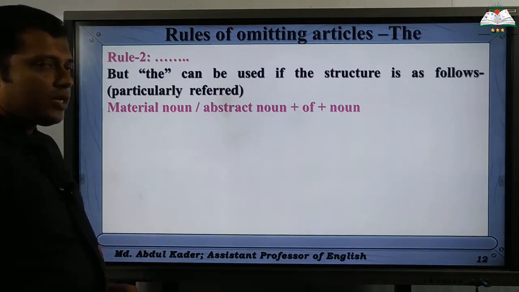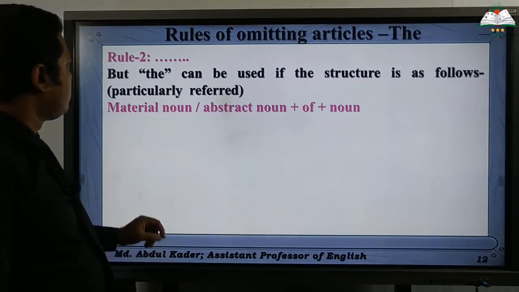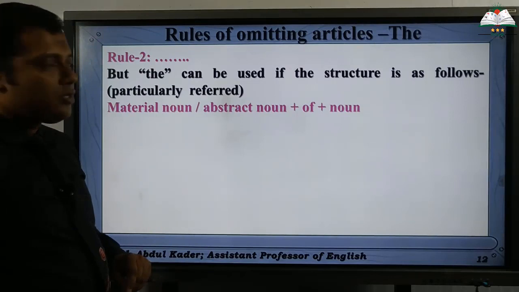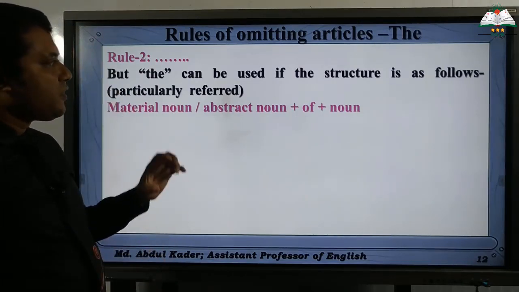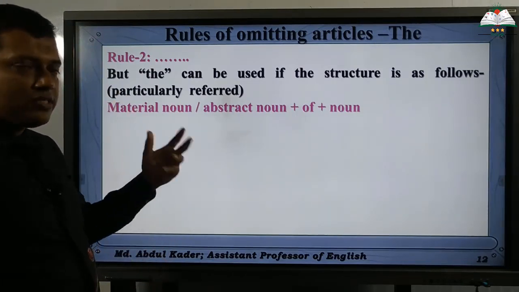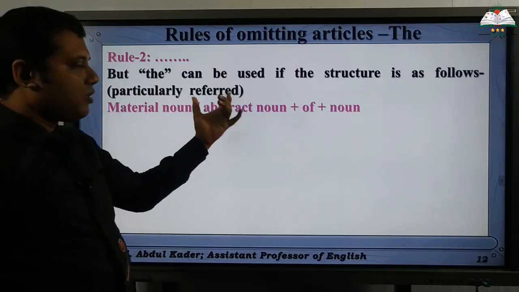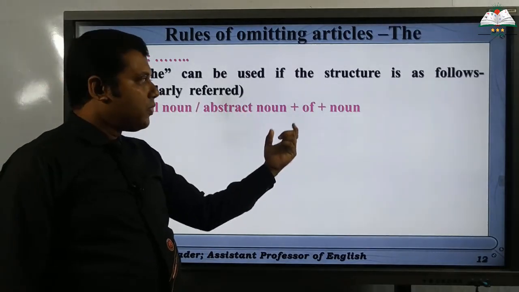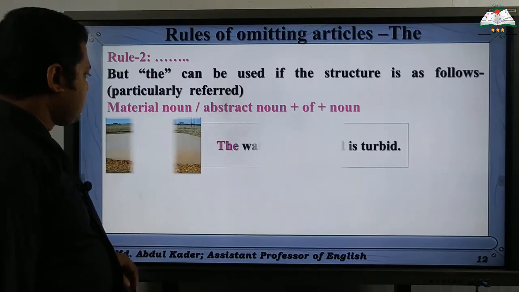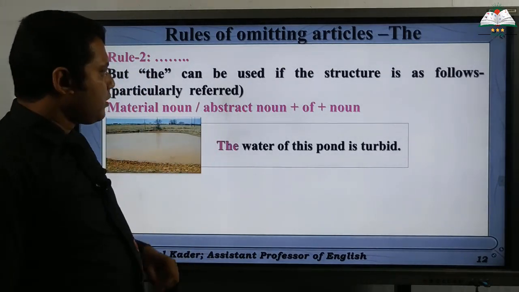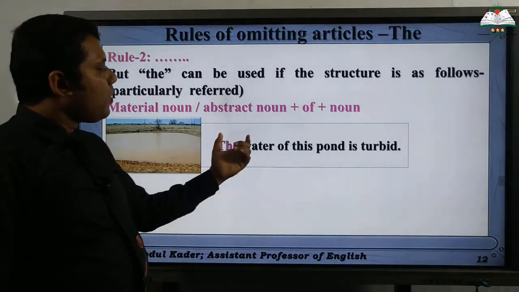Now dear student, look at the rule number 2. This is the exception. But the can be used if the structure is as follows. What is the structure? See here, material noun or abstract noun plus of plus noun. In that case, you can use an article, especially the. So the water of this pond.